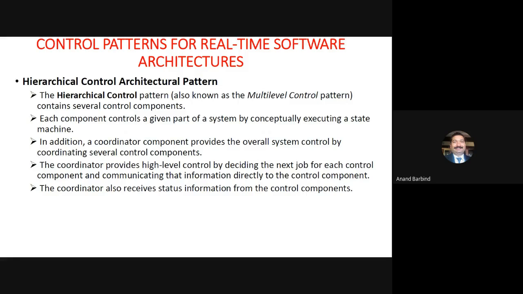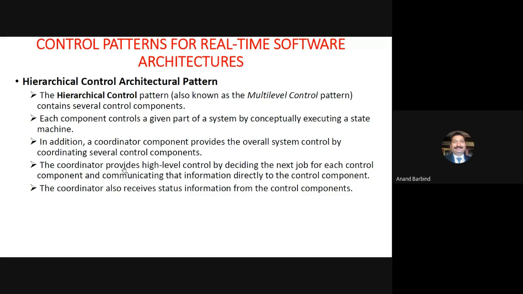Then you can have the third type of control architectural pattern, known as the hierarchical control architectural pattern. The hierarchical control pattern, also known as multi-level control pattern, contains several control components. Each component controls a given part of the system by conceptually executing a state machine. In addition, a coordinator component provides the overall system control by coordinating several control components.